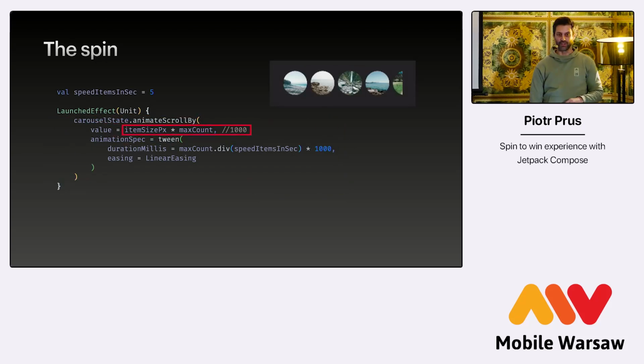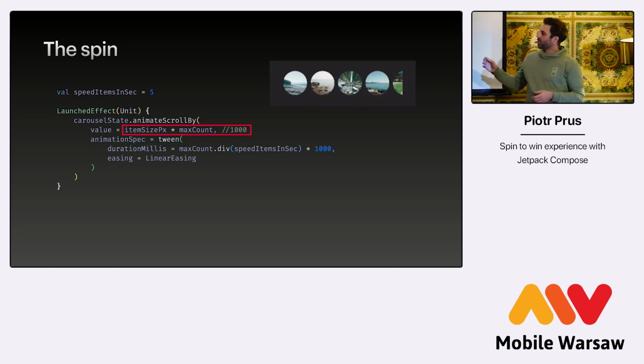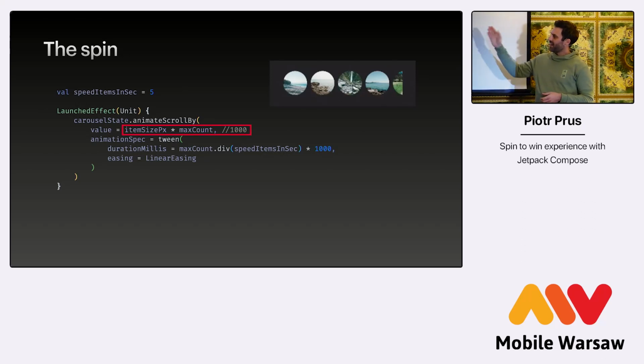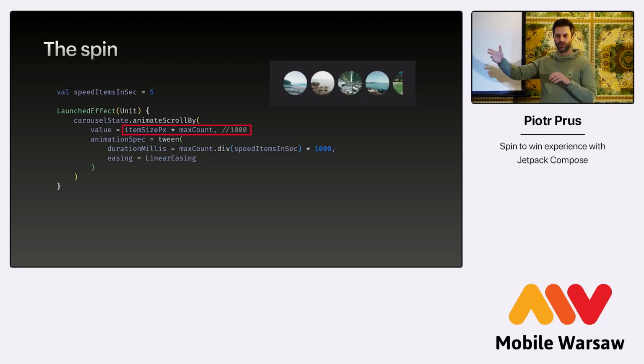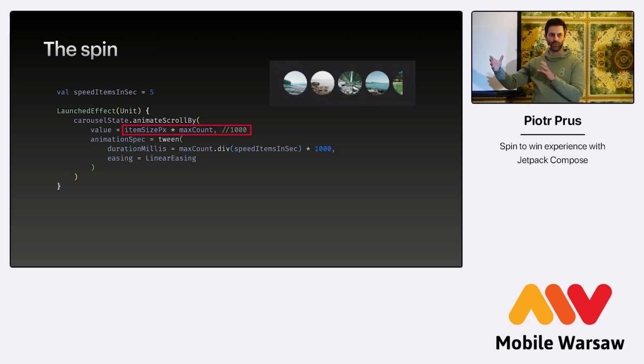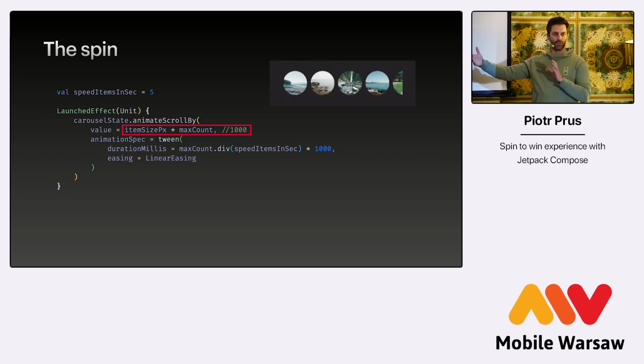So the problem is here. We cannot, like we can of course, but it freezes. We shouldn't scroll by a big amount of pixels because lazy row works in such a way that it calculates and, sorry, I forgot the word, creates the view, like measures the view, the place of the view, ahead by one spin or two.